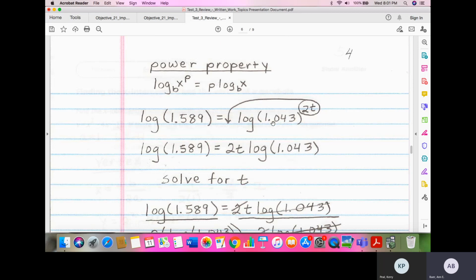So this entire argument can be viewed as a single base to a power. So we're good. So what can we do after we take the log of both sides? We are in this situation right here.